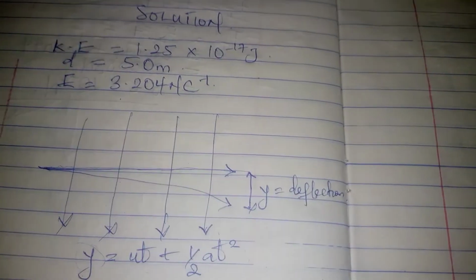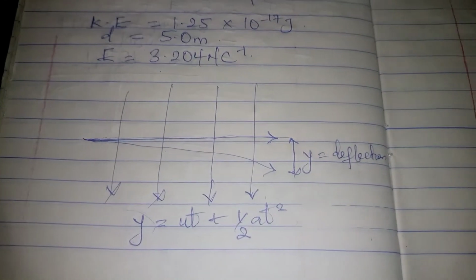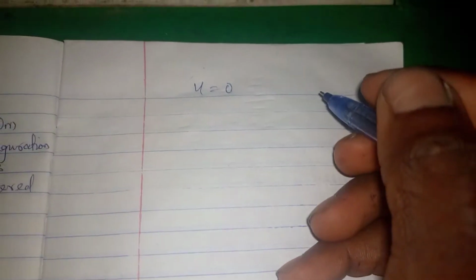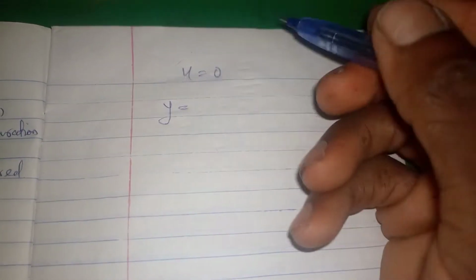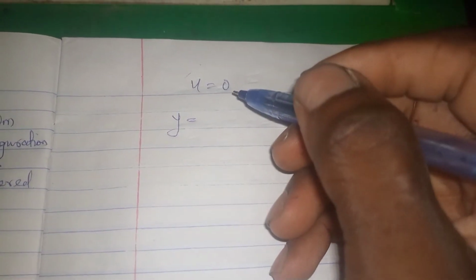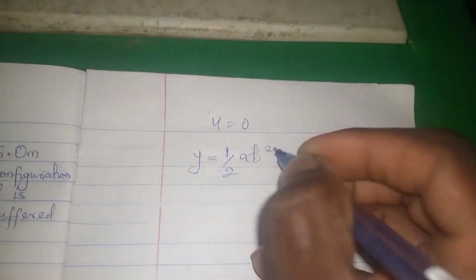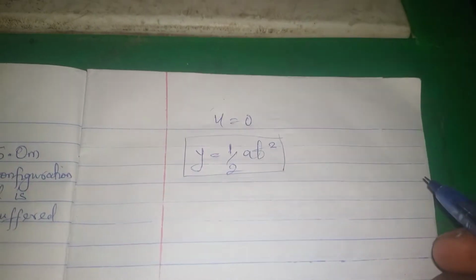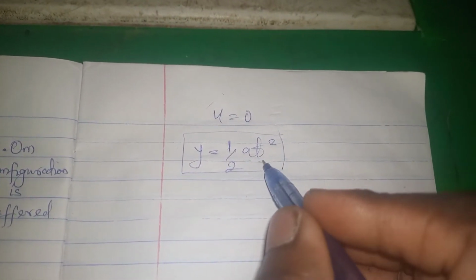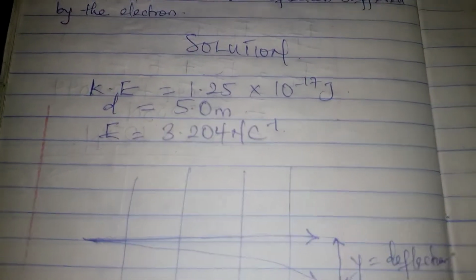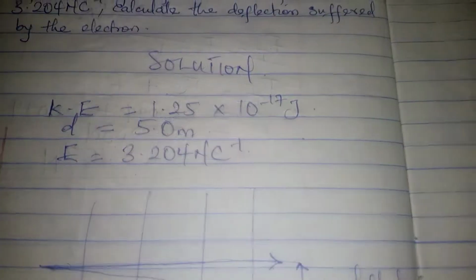Now if we say this is the deflection, we can quickly note that u is 0. The initial velocity is 0. Why is the initial velocity 0? Definitely the electron would have started moving from rest. So y will now be half at square. So this is the formula we use to find the deflection, but we don't know acceleration, we don't know time. That is why we are given all these other parameters in order to find these two.